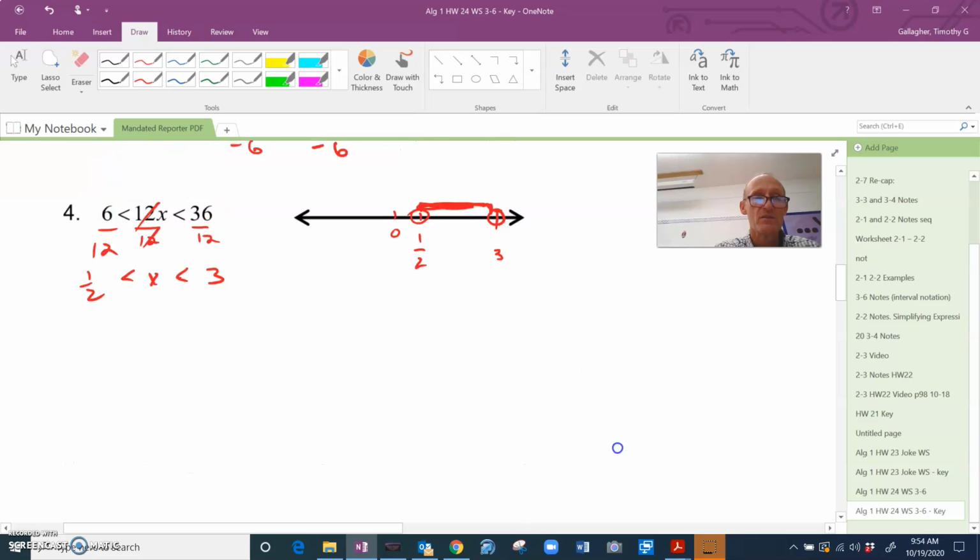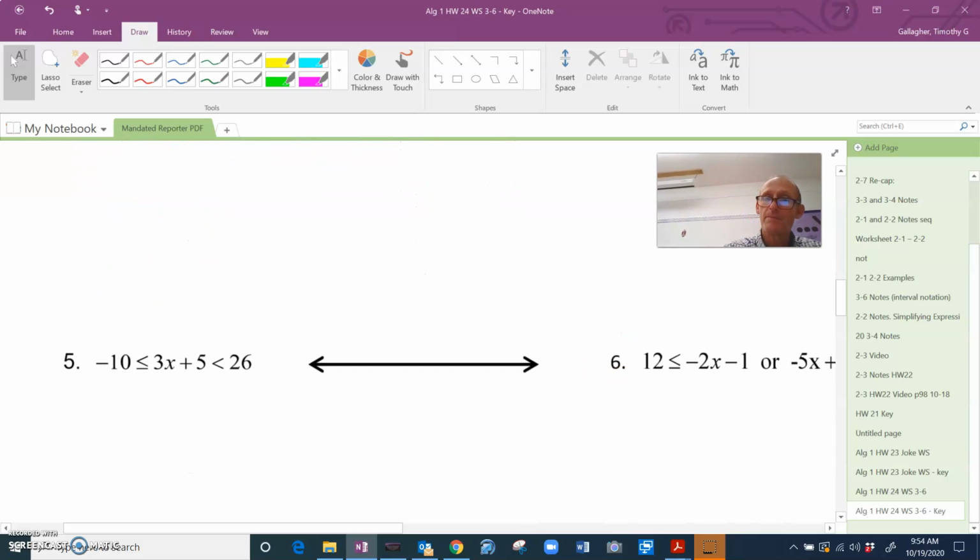All right, moving on to problem number 5. This is a two-stepper, so I'm going to subtract 5. And I get 3x here, less than 21 here, greater than or equal to negative 15 on the left.